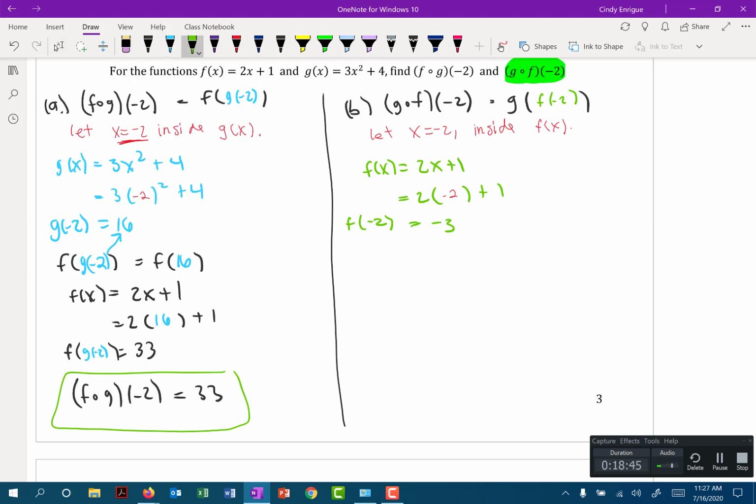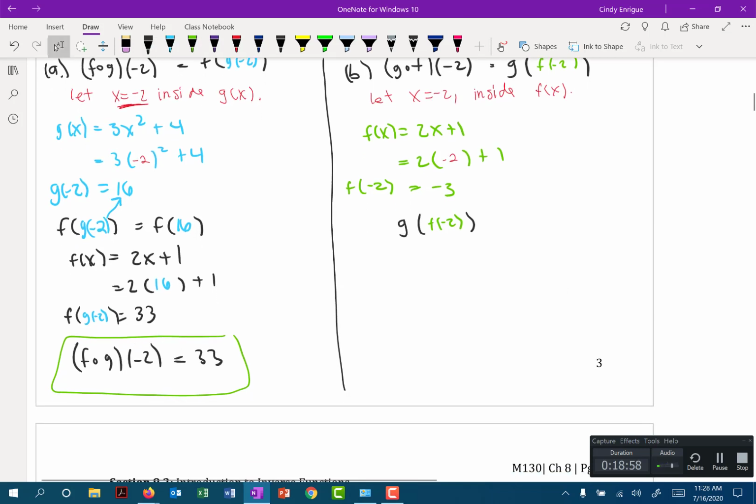Remember, what you originally have is your g function, and inside of it you have your f of -2. But you already just found what your f of -2 is going to equal. You found that value to be a -3 from right above.